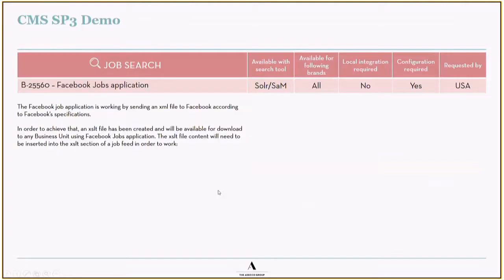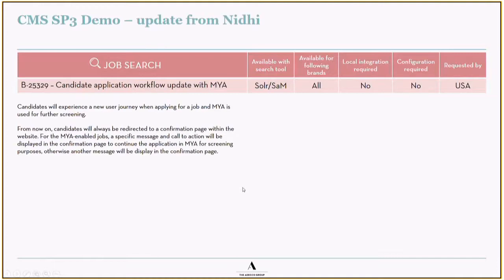Moving back to the presentation. All right, the next user story is about the updated candidate application workflow, interacting with Maya, requested by the USA. Right now, we have a specific flow with a candidate doing their application and submitting it, interacting or not with Maya.